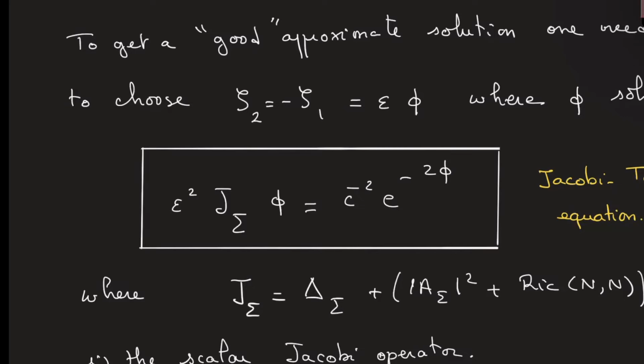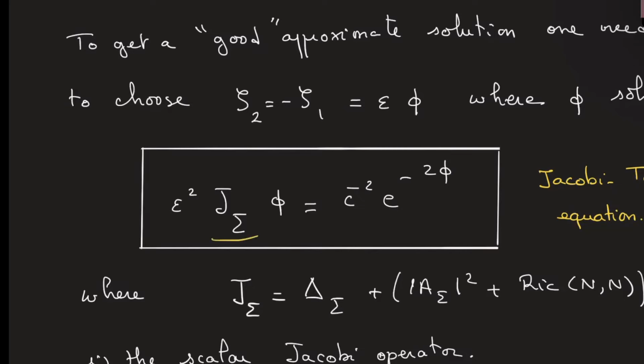In fact, you need to choose zeta1 equal to minus zeta2, and it will be like epsilon times some function phi. The formal computation tells you that it should be good if you could solve this equation: epsilon squared times J_sigma of phi is equal to a constant, which I have written squared to show you that it is really positive, exponential of minus 2 phi.